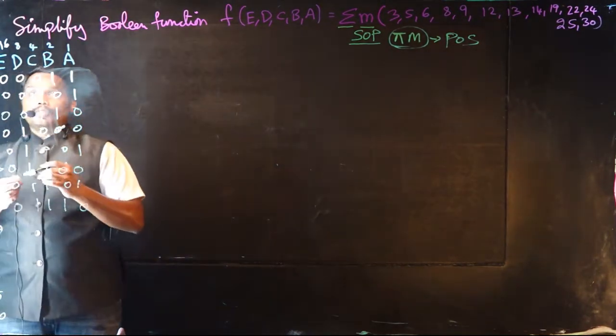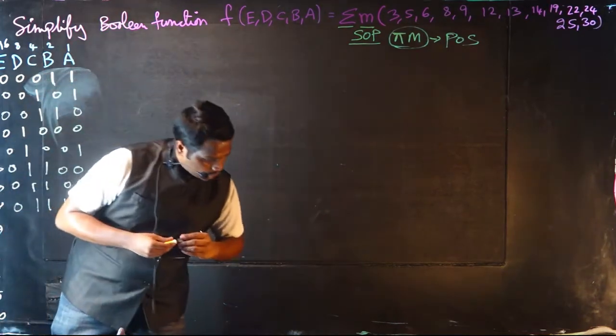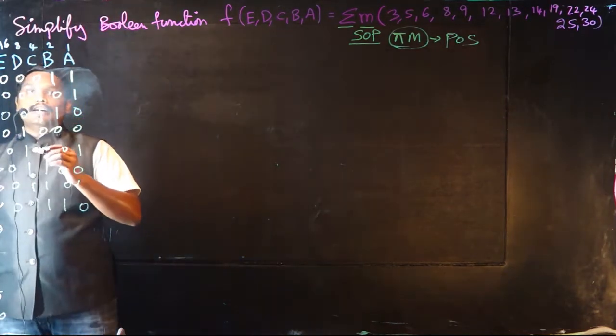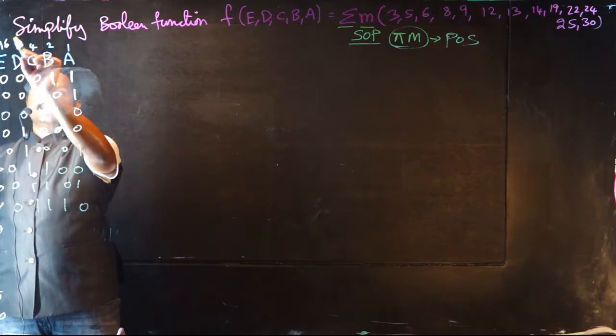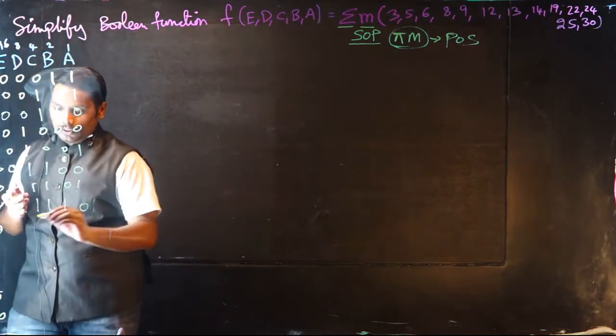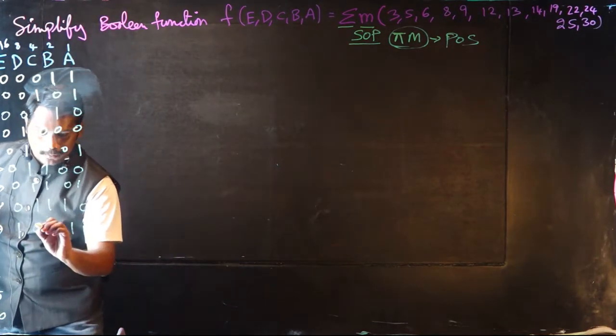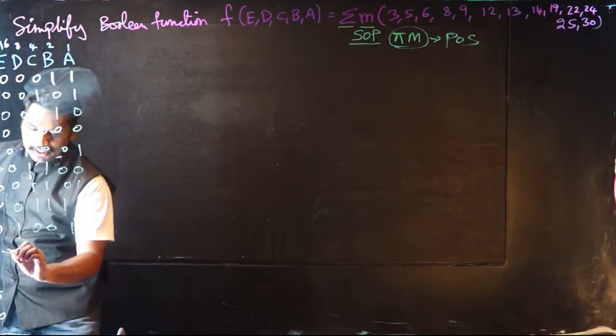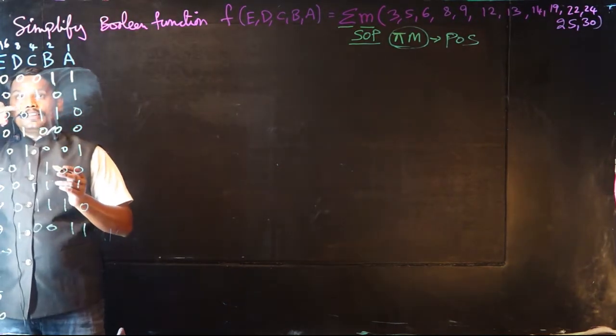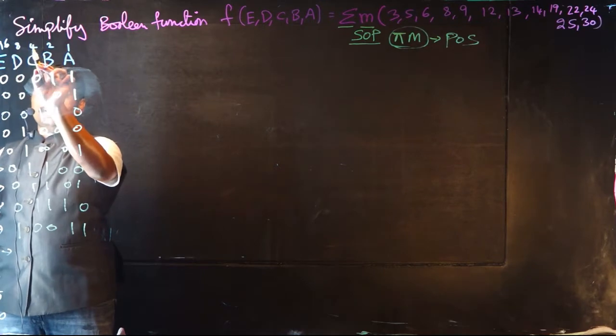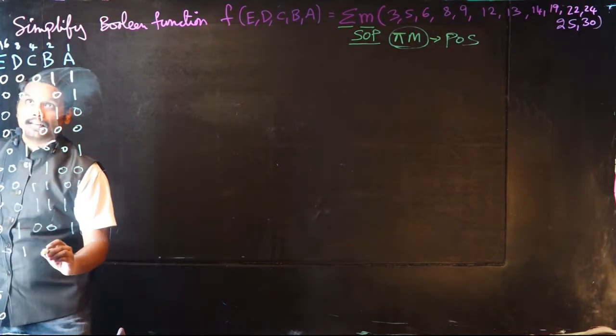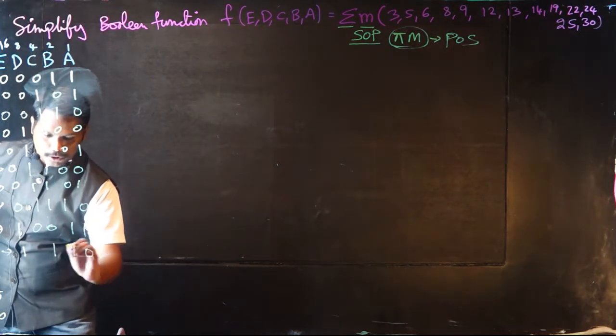And 19 you can make as 16 plus 2 plus 1. So 1, 1, 1 followed by 2 zeros, right? And for 22, you can make 16 plus 4, 20 and 2, 22. So 1, 1, 1, 0, 0, right?